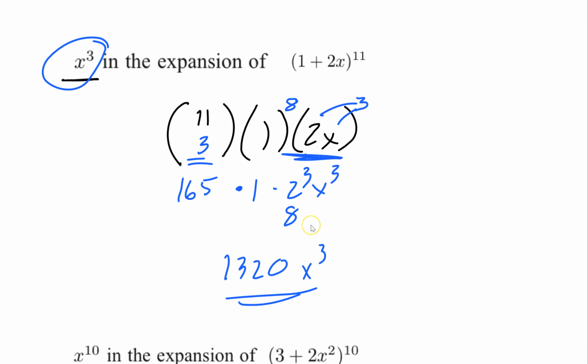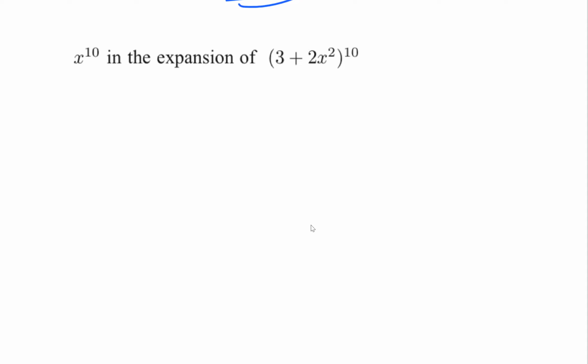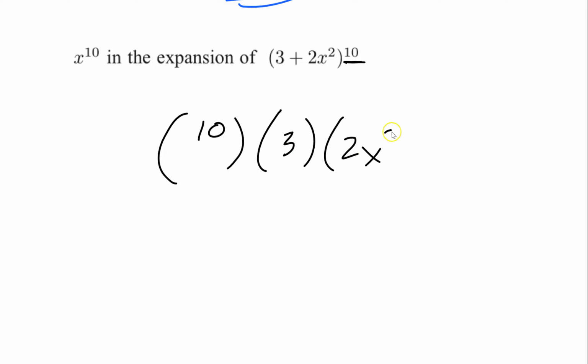That's the idea. Let's do one final one that's a little more tricky, but the same concept. I want x to the 10 in the expansion of this. So first, again, let's write out what we know. Has to be a 10 up there because of that. First number has to be 3. Second term is this. Now this is where it gets a little tricky. They want x to the 10. So here's my x.